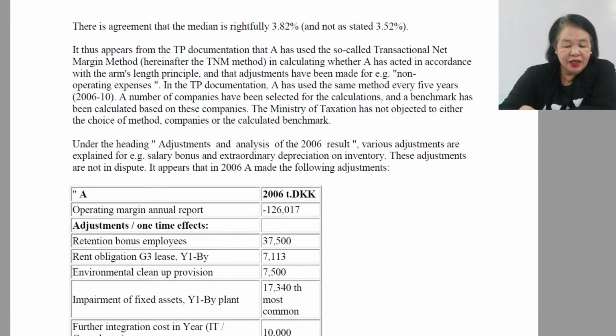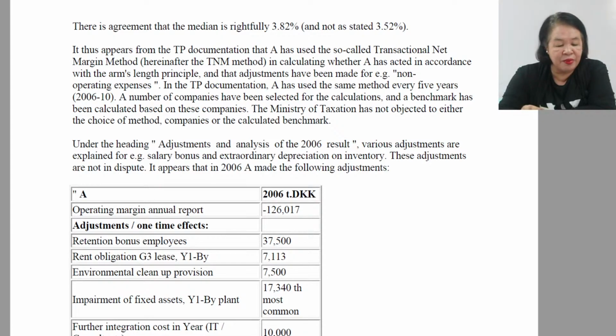Here and after the transactional net margin method. So in calculating whether A has acted in accordance with the arm's length principle, adjustments have been made for non-operating expenses. So in the transfer pricing documentation, A has used the same method every year, 2006 to 2010. A number of companies have been selected for the calculation. Ito na yung comparables na ginagamit natin.